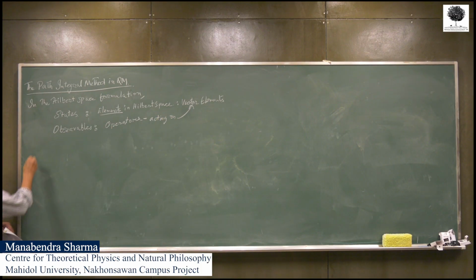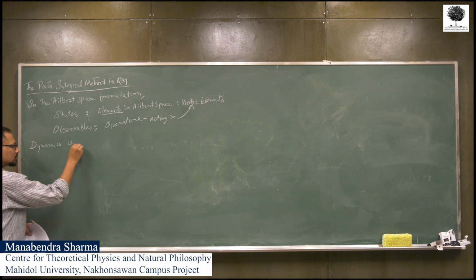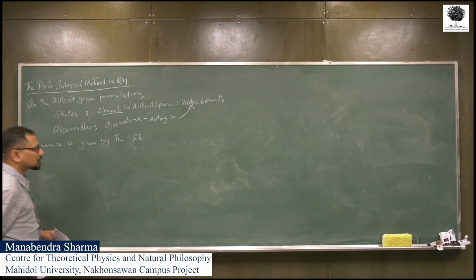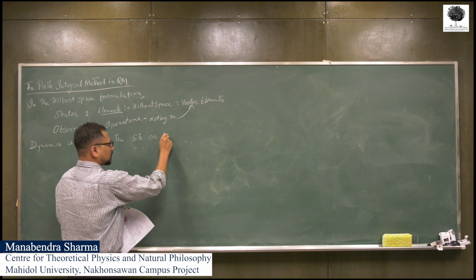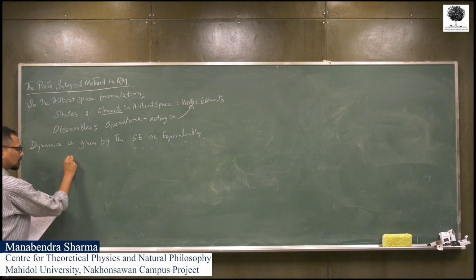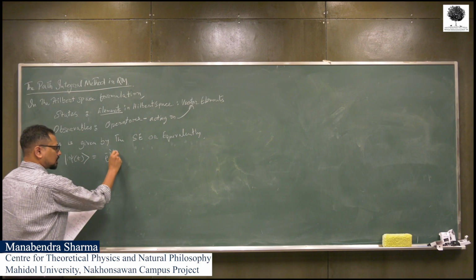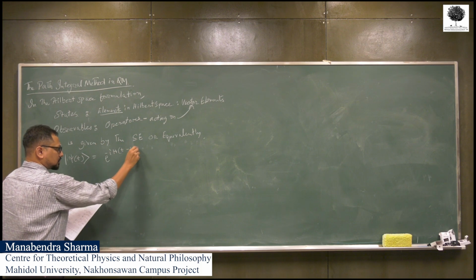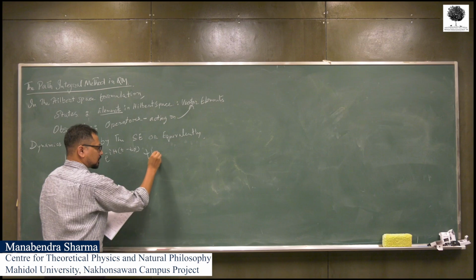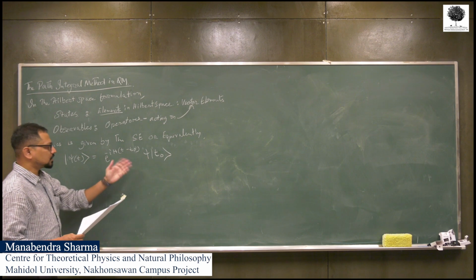Okay, and the dynamics is given by the Schrödinger equation, or equivalently we can say psi t is e to the power minus i H (t minus t naught) psi t naught, where H is the Hamiltonian, t naught is some reference time, and I'm using Dirac bracket notation.